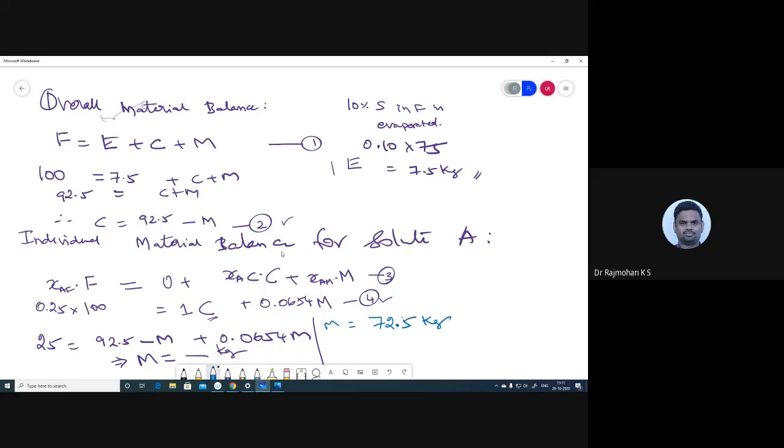Once we get the M value, we can get how much crystal has been separated out. Let it be equation 5. Substituting 5 in 2, we get C equal to 92.5 minus 72.5.